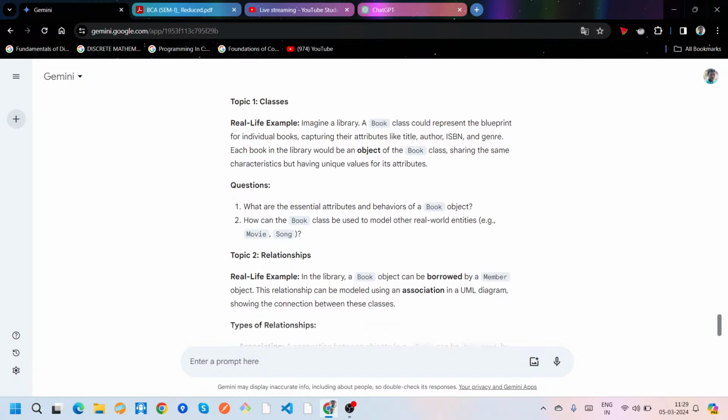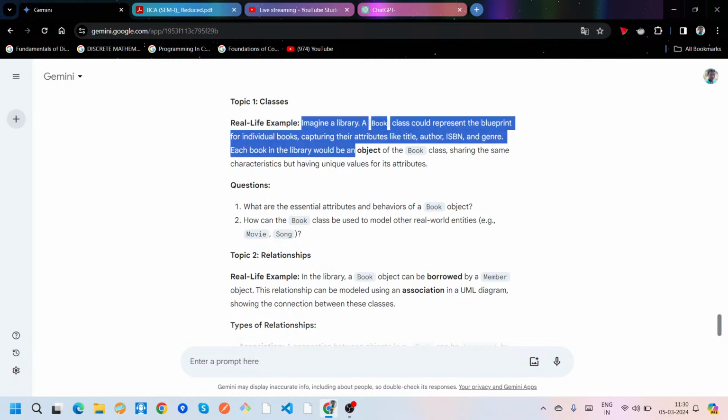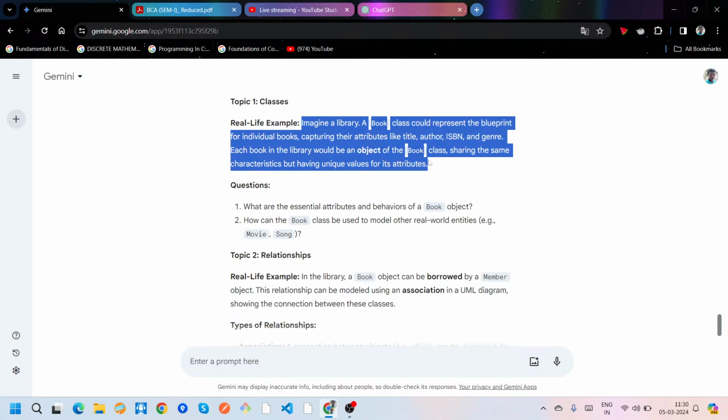So topic 1 is classes, with a real life example. Imagine a library. We imagine a library where a book class could represent the blueprint for individual books, capturing their attributes like title, author, ISBN, and genre.